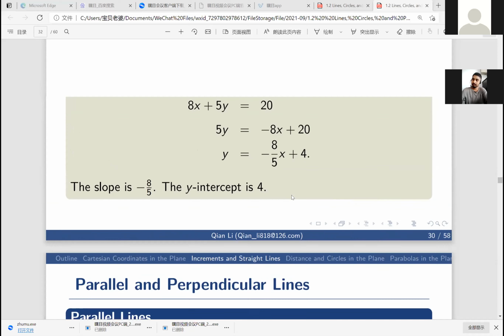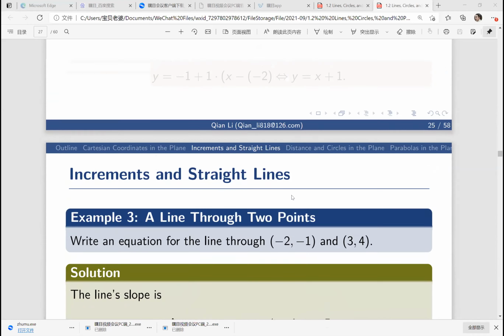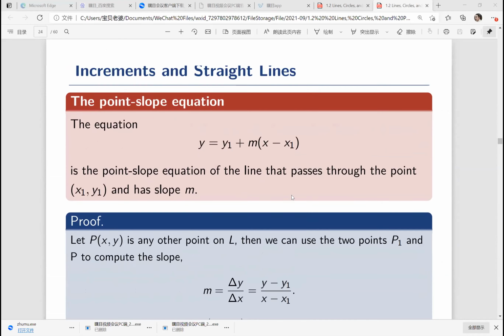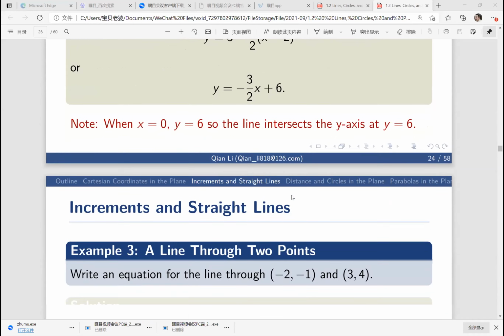And then we do the next. We study the next. Okay, then let's start the second equation.